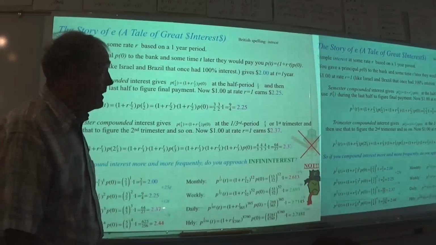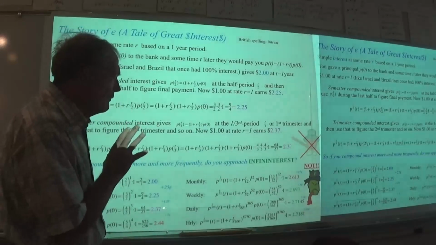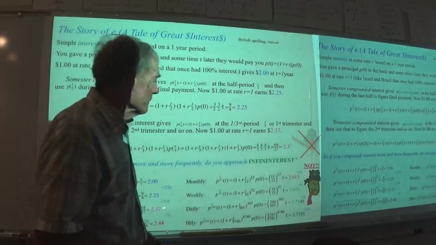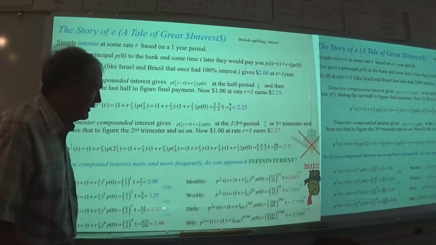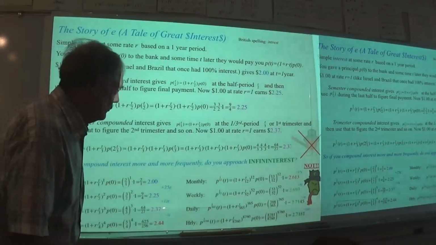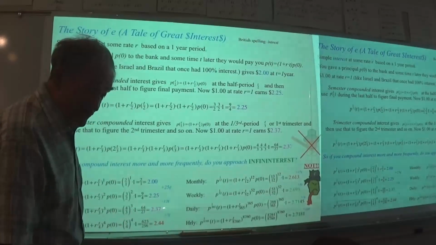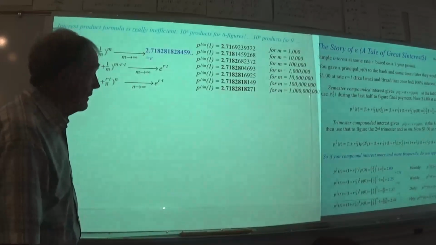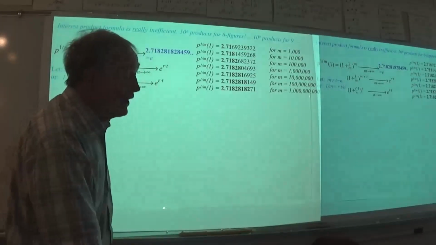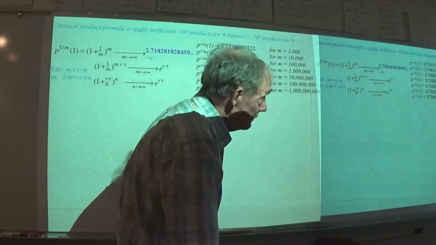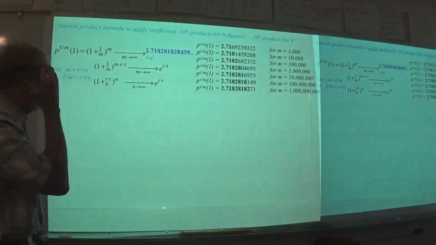Okay? So what I'd like to do now is say, well, what if we really take this to extremes? It's pretty extreme already, a big exponent of 8,760 there, if we're going to do it hourly. Okay? So that's the next step here. This is a really very numerically intensive way to calculate this fancy number that you get as you approach infinity.